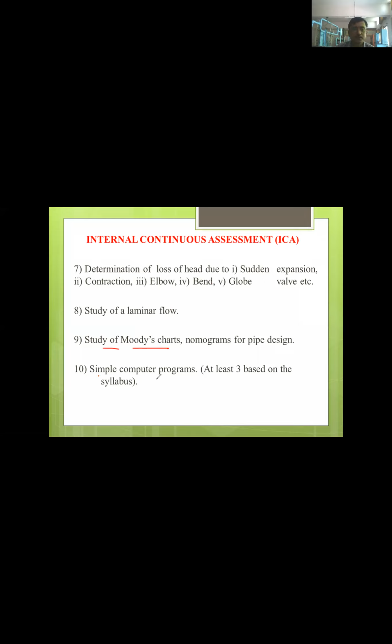Last one, simple computer program, at least 3 based on the syllabus. So here, computer program is how we are going to, suppose discharge is there. There are different types of formulas that we use in the fluid mechanics. Okay, and these formulas, what we have to do, we have to put those formulas in the Excel sheet, or we have to put those formulas in any particular program, C program or C++ program.